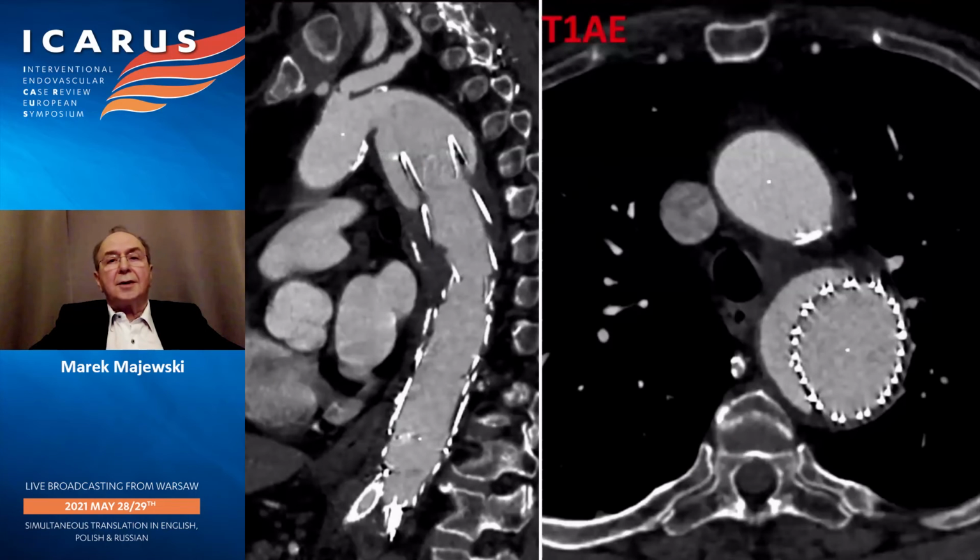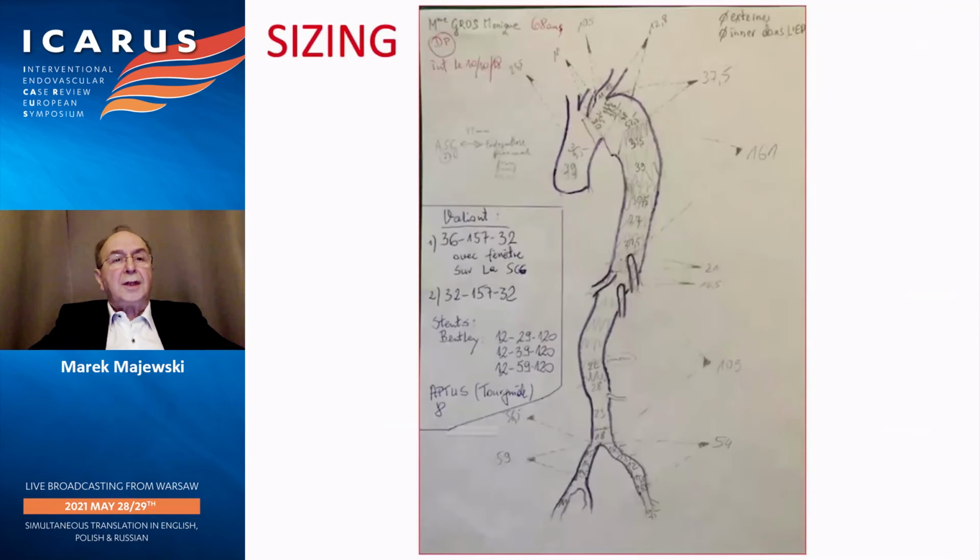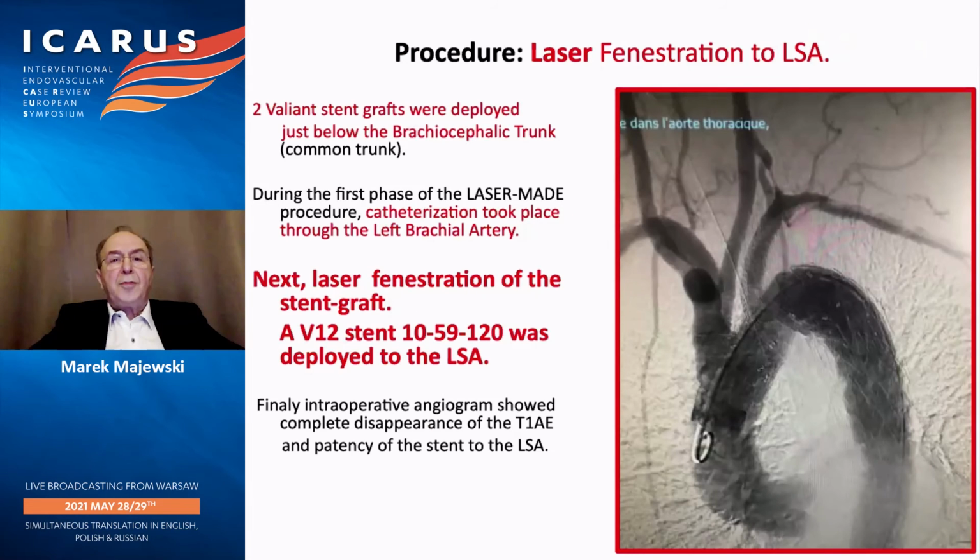Here is the slide which shows this endoleak. We did precise sizing with aortic diameters and chose the stent graft. Our procedure: 2 Valiant stent grafts were deployed just below the brachiocephalic trunk.